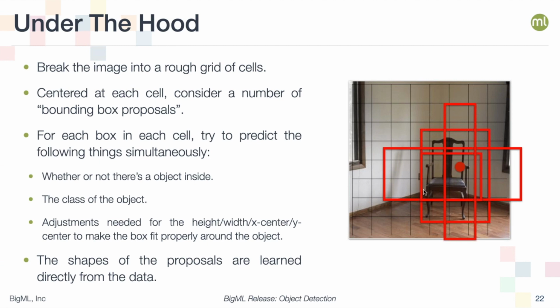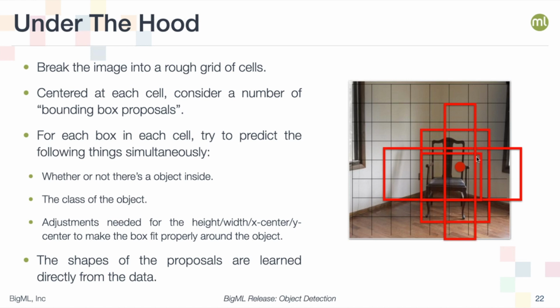So you can see this rectangle here, the second largest rectangle in the Y dimension. That rectangle, when it's centered at this grid cell, is the best match for this chair here. So we would label this particular rectangle at this particular location. We would say, yes, there's a chair inside.